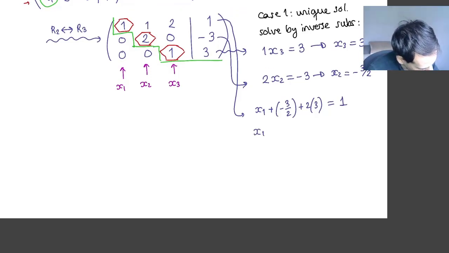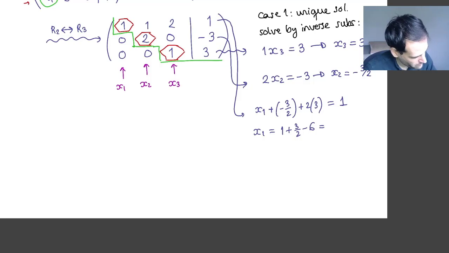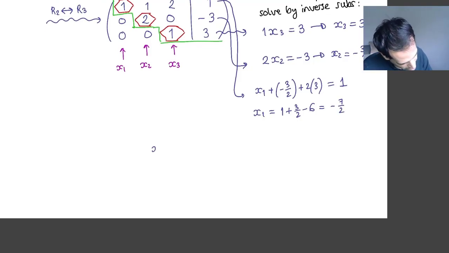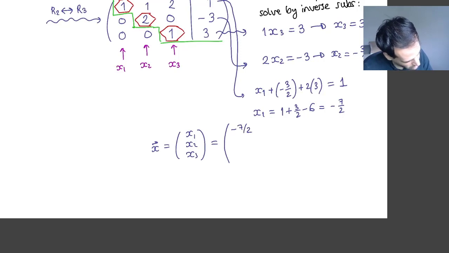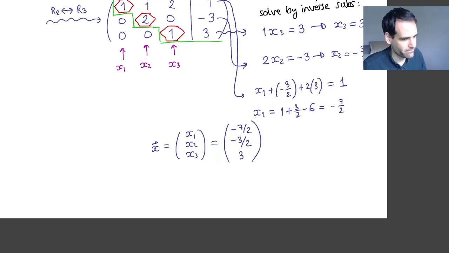Therefore, x1 equals 1 plus 3 halves minus 6, which is equal to minus 7 halves. So our solution for x is x1, x2, x3 equals minus 7 halves, minus 3 halves, and 3. And that way the system would be solved.